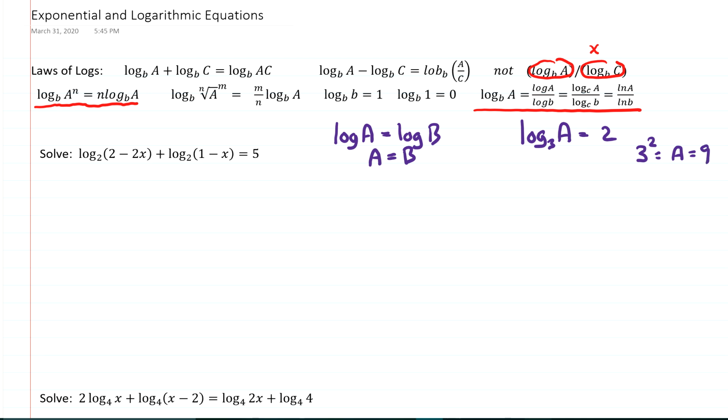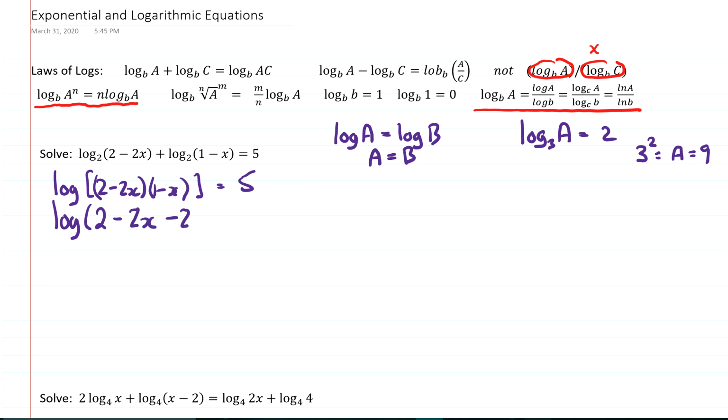So in our first example here, we can combine the two log terms, and that would be the log of 2 minus 2x multiplied by 1 minus x, all equaling 5. So this is really the log of 2 minus 2x minus 2x plus 2x squared equaling 5.